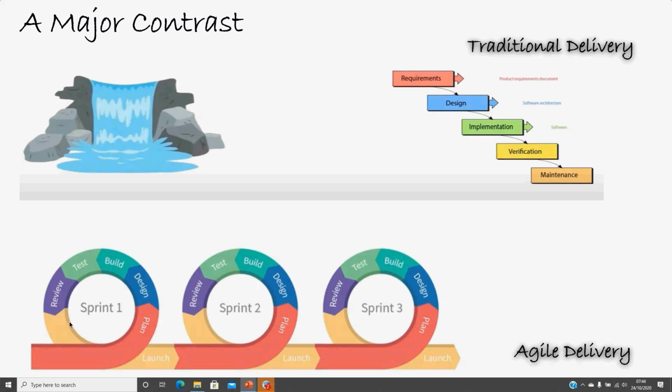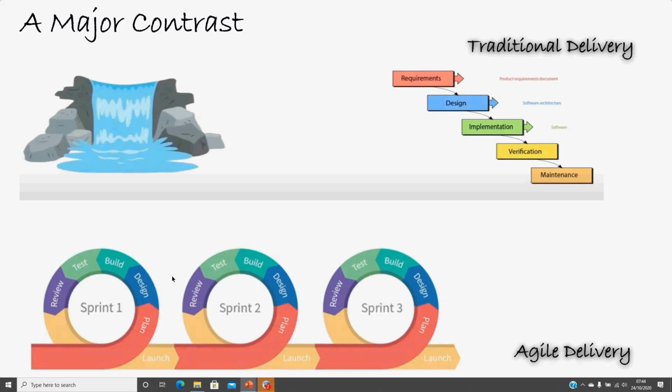That is, you plan the project, you plan some features, you design those features, you build those features, you test them, and then you review them, and then you launch them, and then you move to the next sprint.